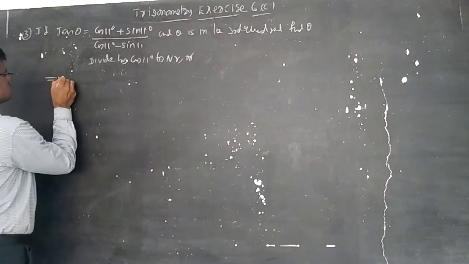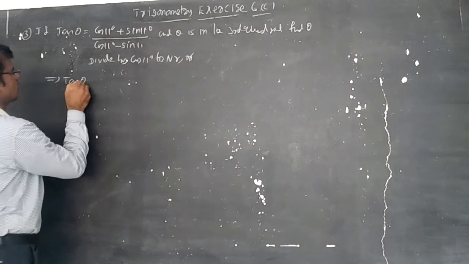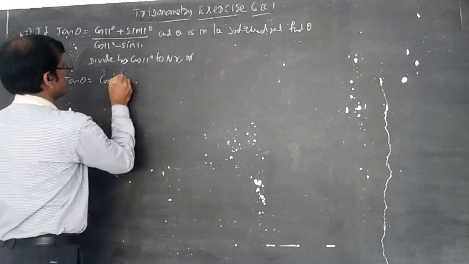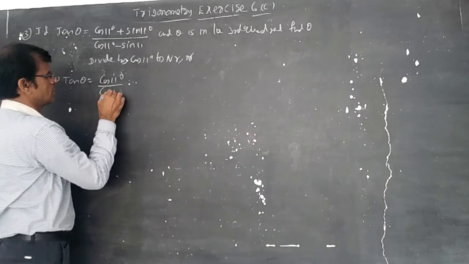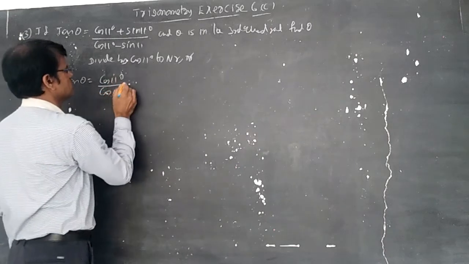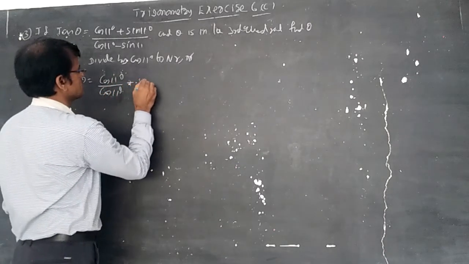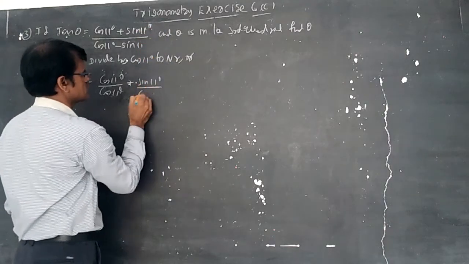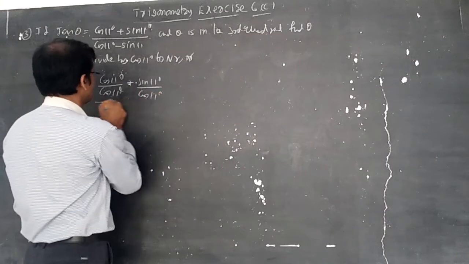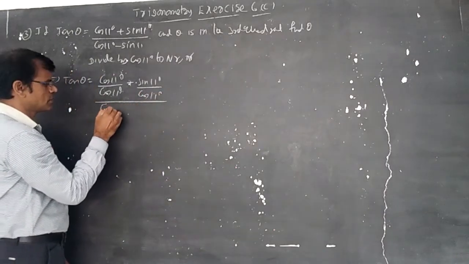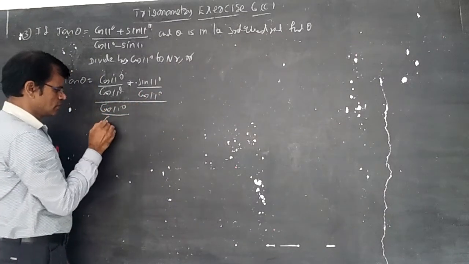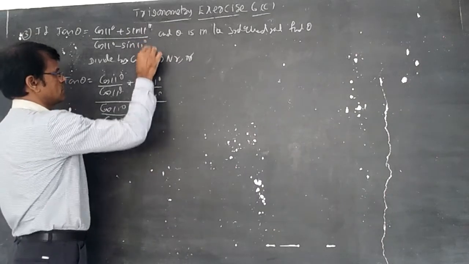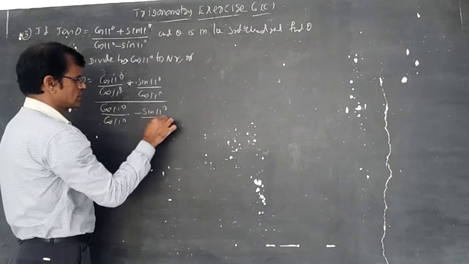That implies tan theta is equal to cos 11 by cos 11 degrees plus sin 11 degrees by cos 11 degrees, whole by cos 11 degrees by cos 11 minus sin 11 degrees by cos 11 degrees.